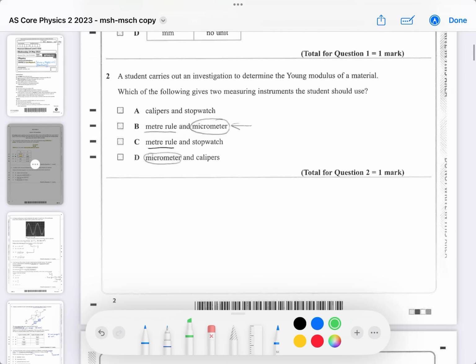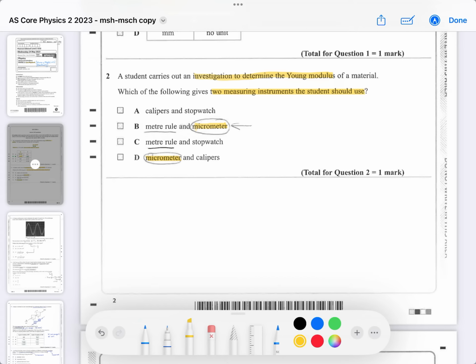Question 2, it says a student carries out an investigation to determine the Young modulus. They call it the Young modulus, but I keep wanting to say Young's modulus. Which of the following gives two measuring instruments the students would normally use? Okay, so you need to use a micrometer, because you need to measure the thickness of the wire, or the diameter of the wire, more correctly.